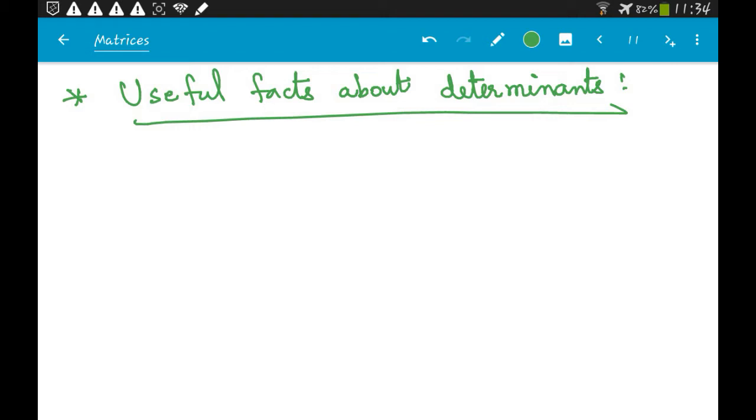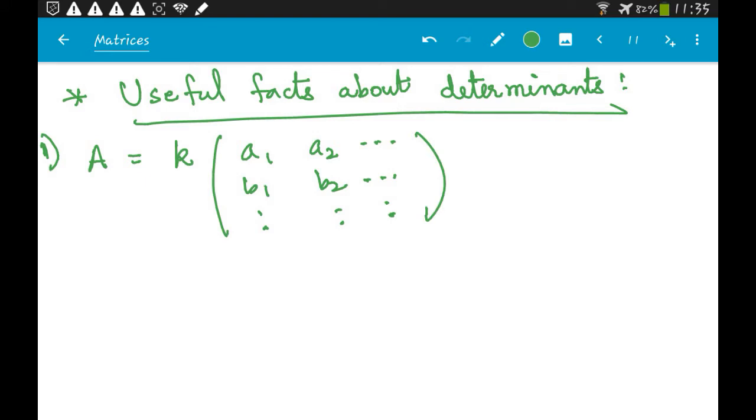So first of all, if you multiply a matrix, let's say you have a matrix A. So this is fact number 1. You have a matrix A which is K into the matrix with rows A1, A2, etc. and B1, B2, so on.